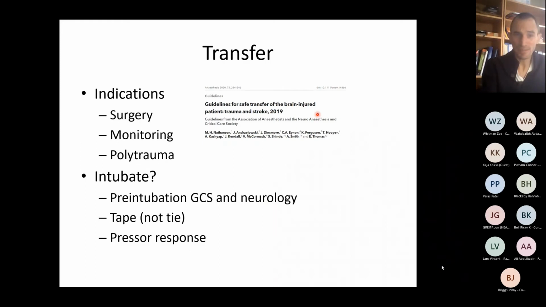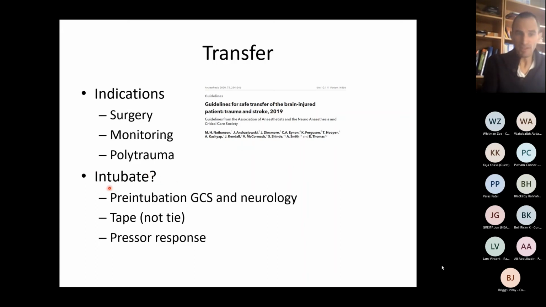Arguably, that's probably going to be easier to achieve in your base centre when you've got an ODP available and you've got help. So my preference would almost always be to intubate these patients, partly for stability and partly because you can get the patient in the right position, and it's just easier than doing it in the back of an ambulance, and it's probably safer for the patient as well.